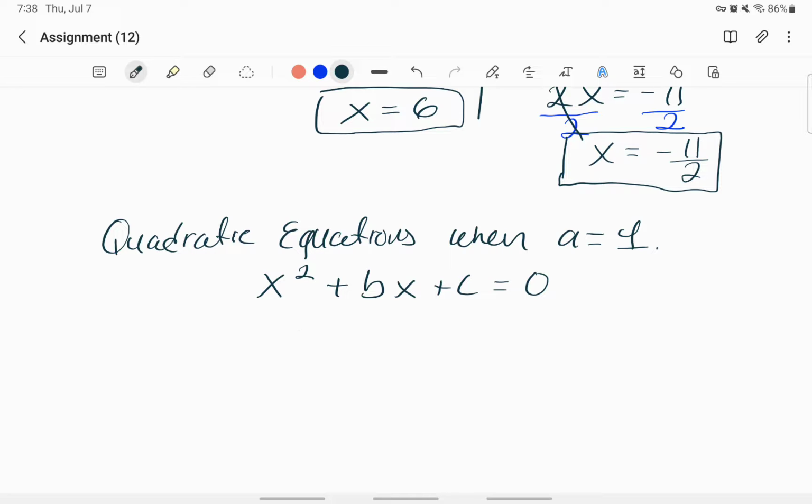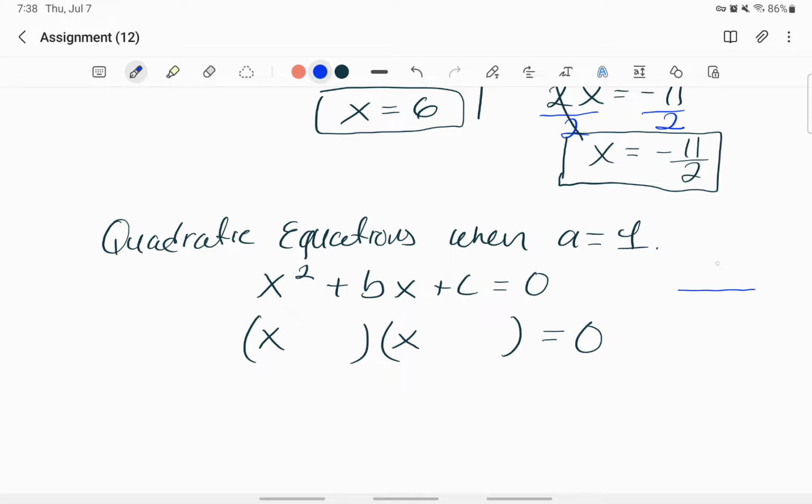So the main goal is you want to try to factor this quadratic trinomial. So when you factor, you're going to factor x squared. X squared can be factored into x times x. And then we want to find two numbers that multiply to c.